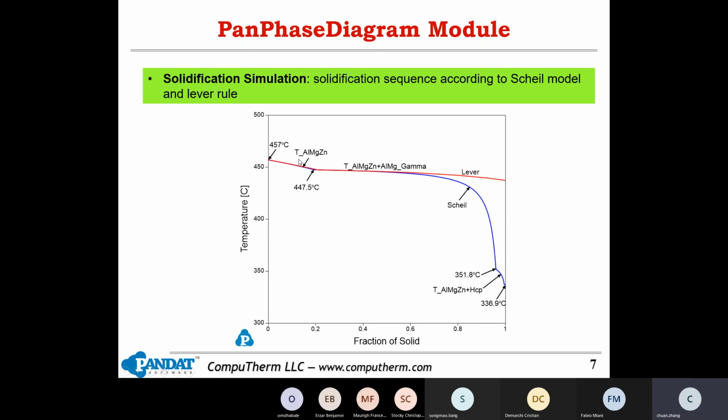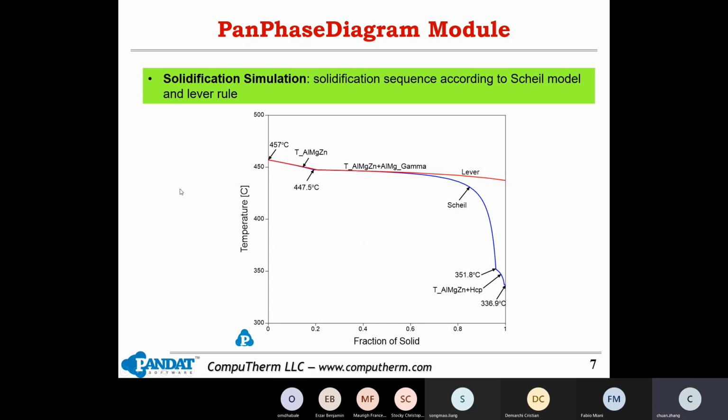The other model is non-equilibrium, which we call the Scheil model, as shown in the blue line. These two models are extremely simple and may not accurately describe the real casting process. That is the reason we developed a more advanced PanSolidification module. I will give an example later on.